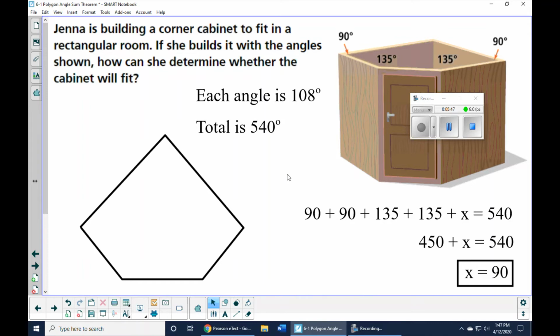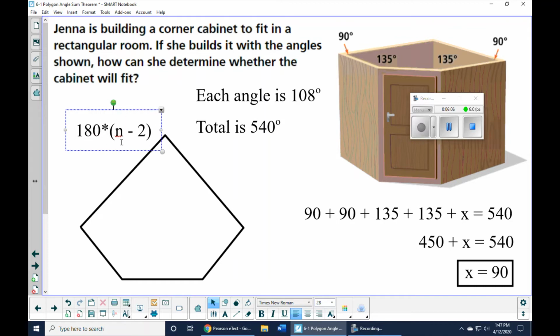Going back to this, you need to make sure you figure out what shape it is, how many sides you have, and then we'll use our formula, 180 times n minus 2, in which case this was 180 times 5 minus 2.